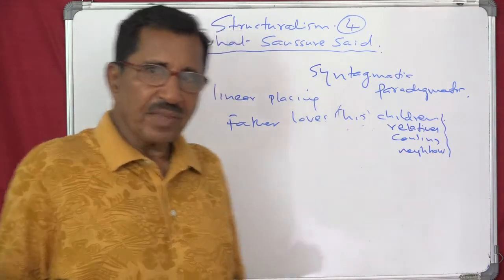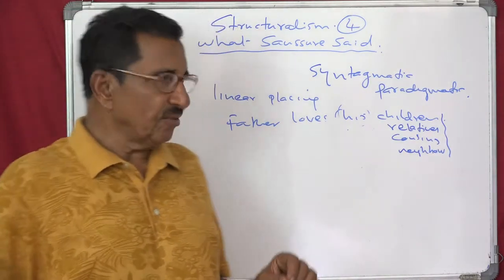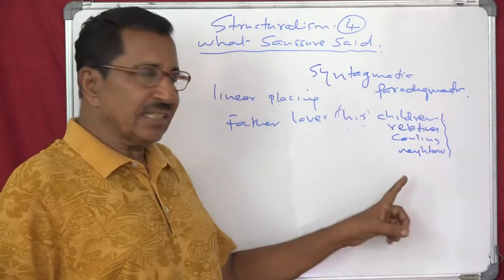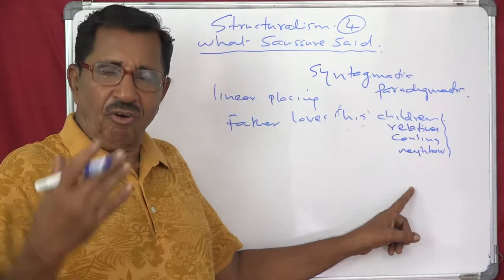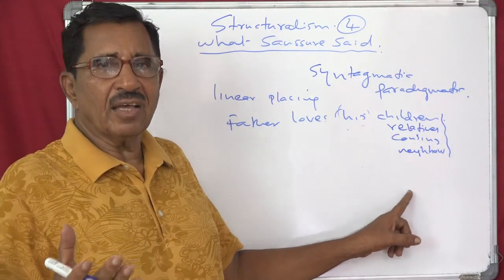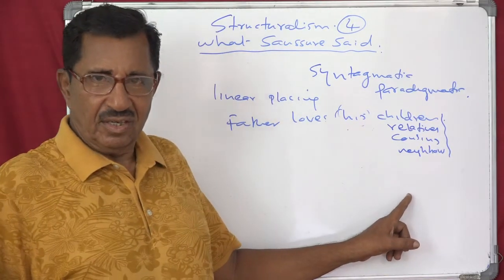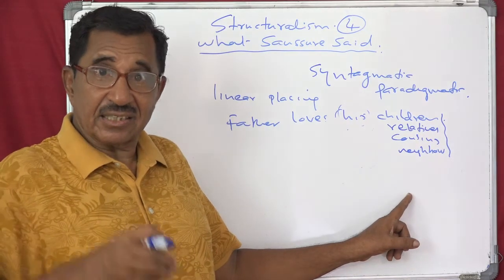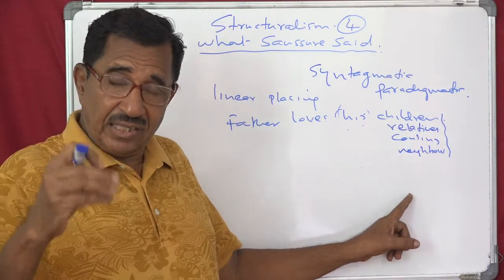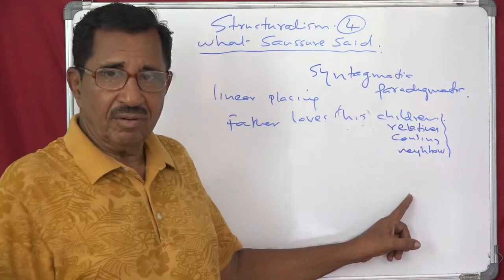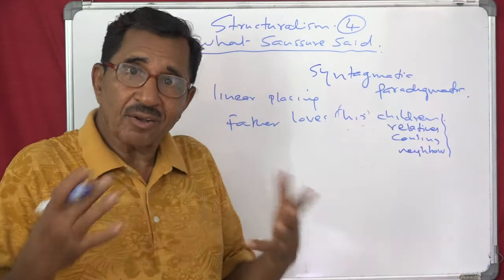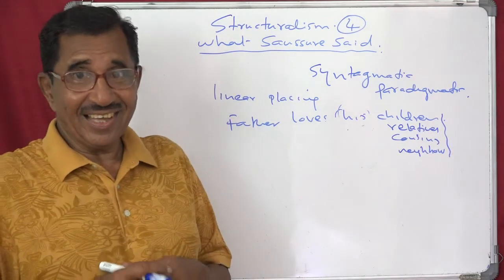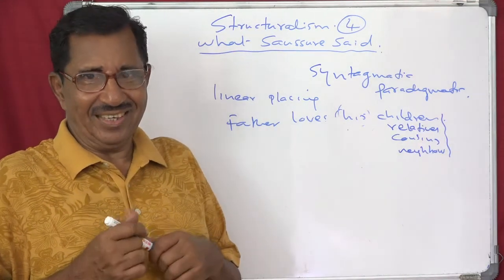That means there's a point to be noted: when the substitutability of linguistic items goes wrong, then what happens? The syntagmatic relation also will go wrong. They are very closely connected in that way.